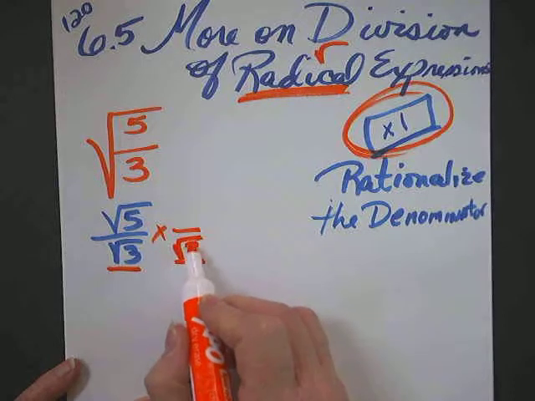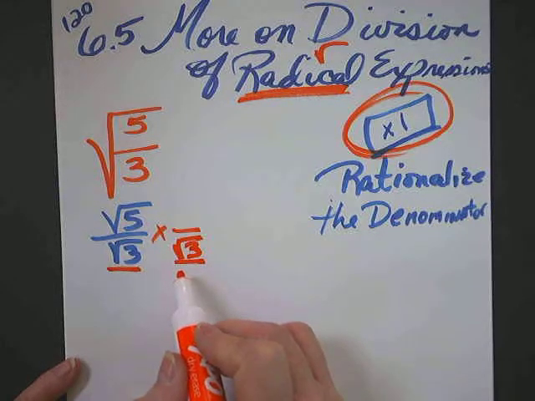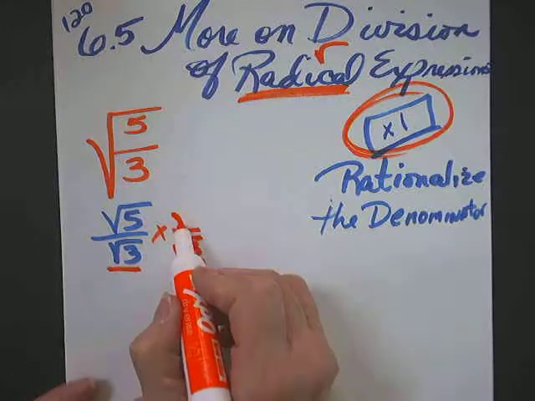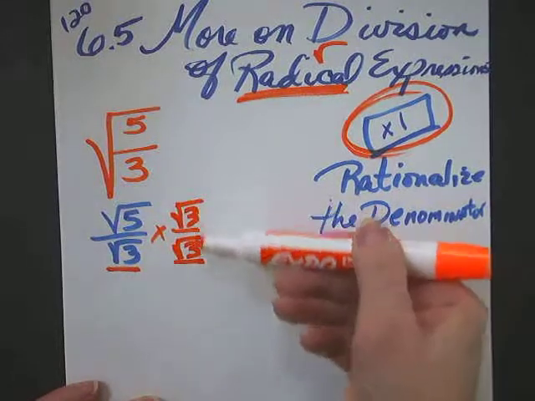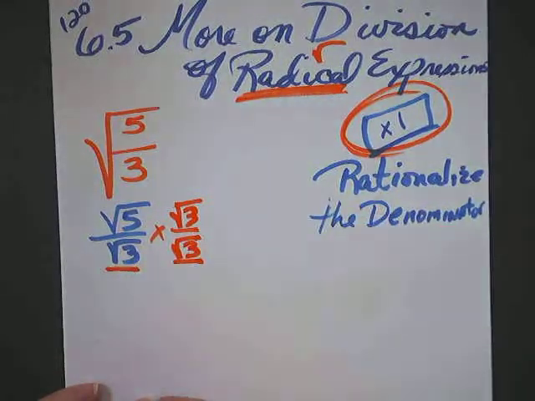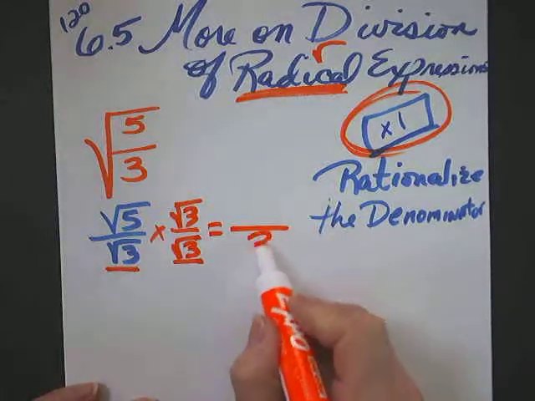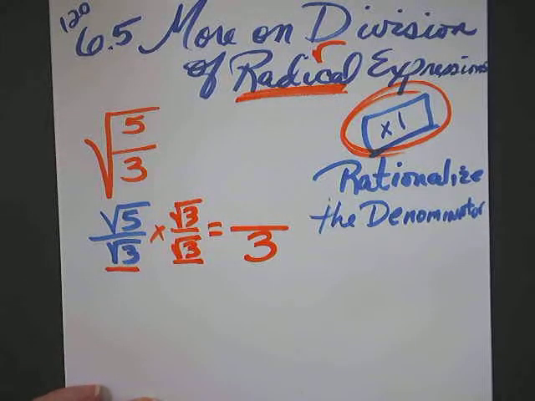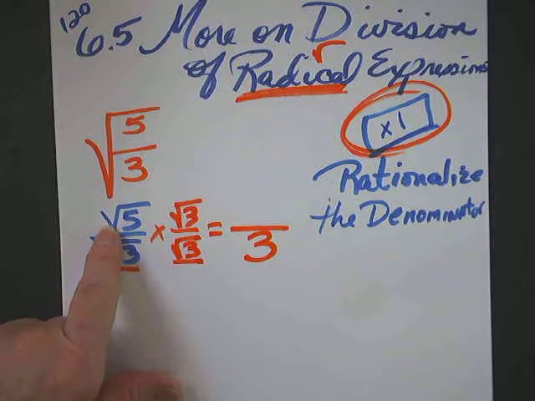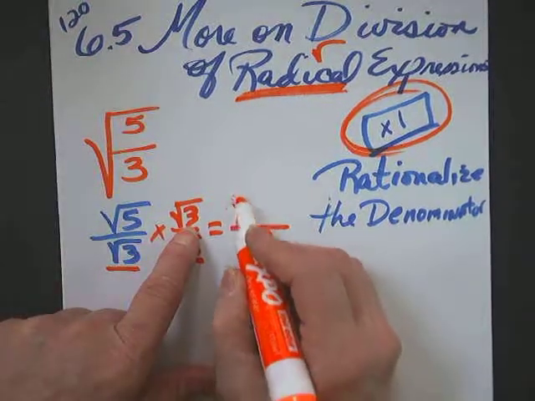Remember when you did a square root times that, it came out to a whole number? Okay, let's multiply by 1. This over itself. Now we have a rational denominator. We just rationalized the denominator.